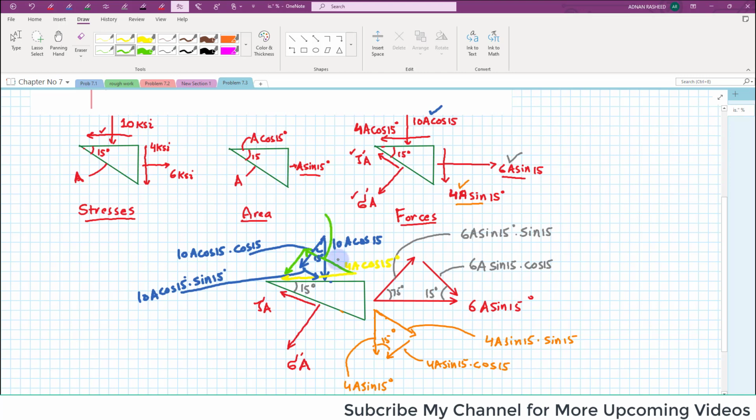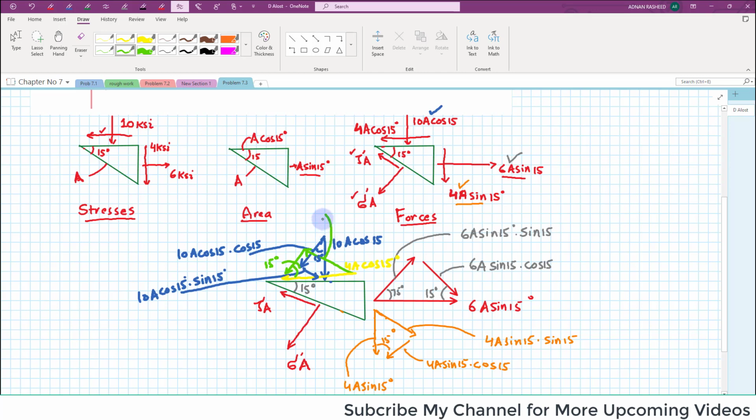So this component, the angle between, this angle will be 15 degree. This angle will be 15 degree. So you can check how, this is your assignment.